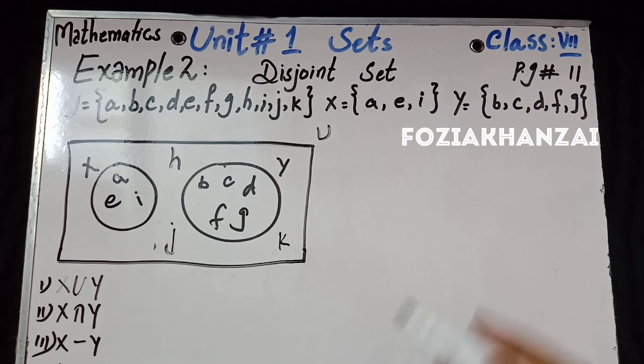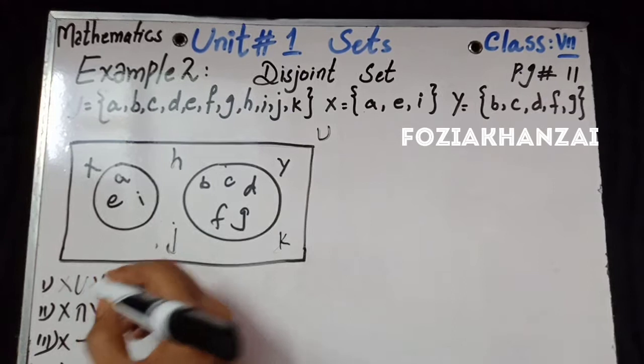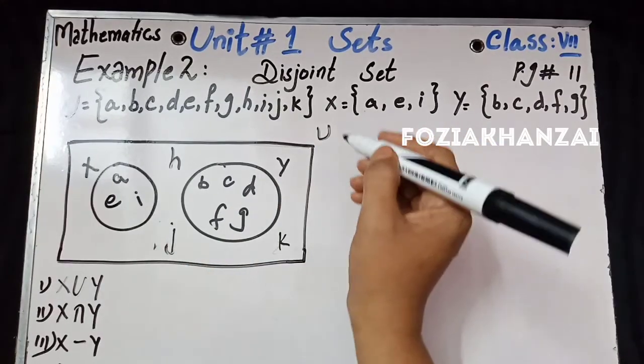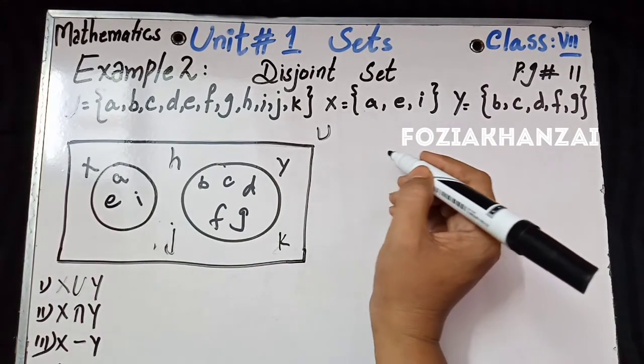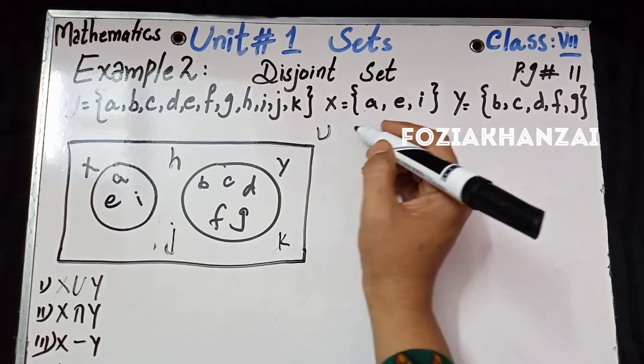Now we solve it. It's Example number 2. First we find the universal set. It's a direct answer. In your register, solve step by step.